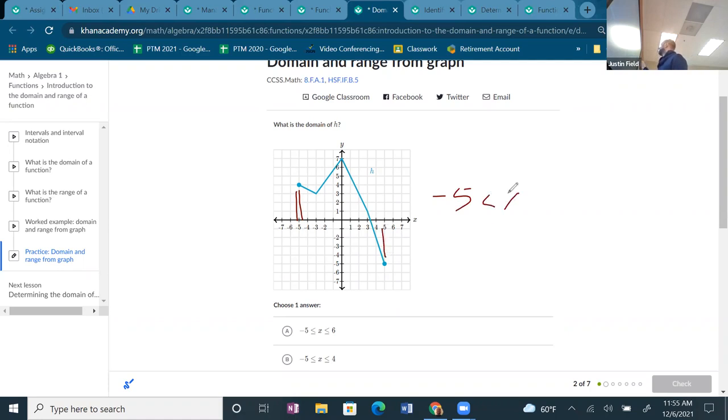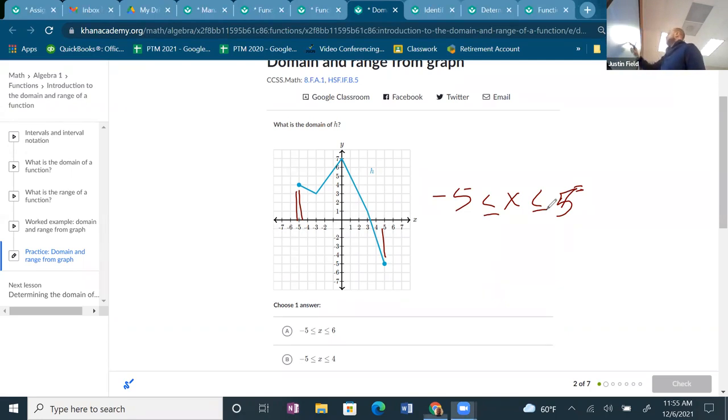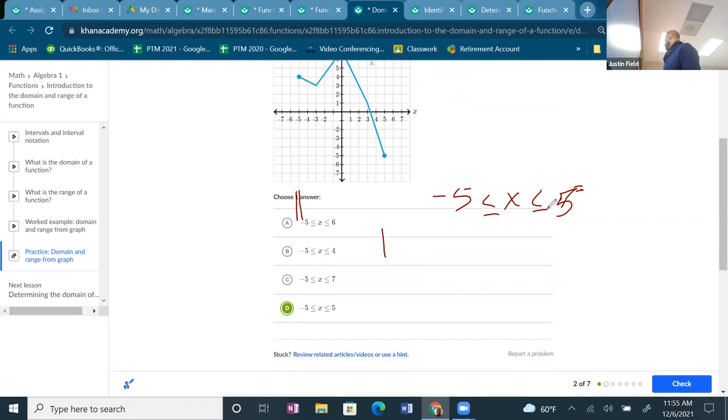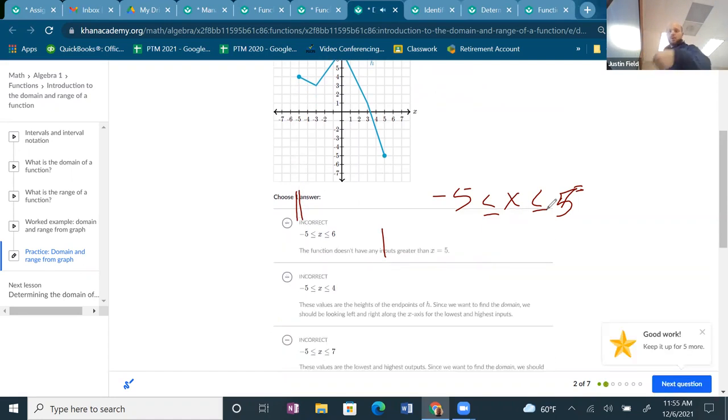So it's like this. But should it be or equal to or not? Well, it's a closed circle. So it's going to be or equal to. All right. Let's see if we got the answer.